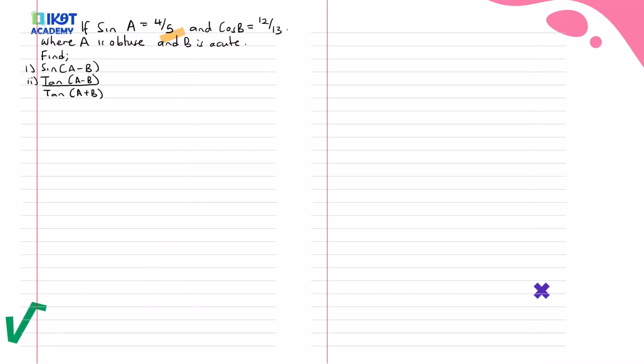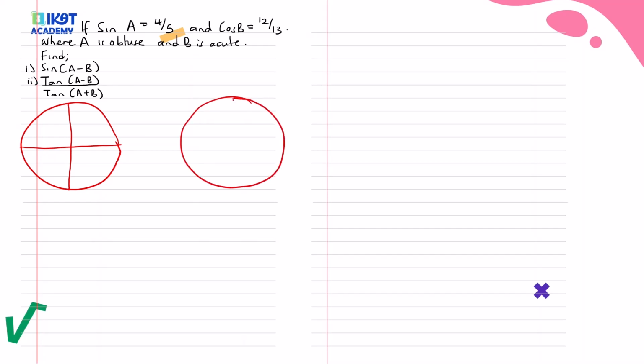Okay, so let's now look at this faster. So we have if sine A is 4 out of 5 and cos B is 12 out of 13. Now from the previous numbers we've seen, anytime you're given these numbers, the first thing you do is to draw your quadrants. So I'm going to do both of them here, just next to each other, to make this simpler.